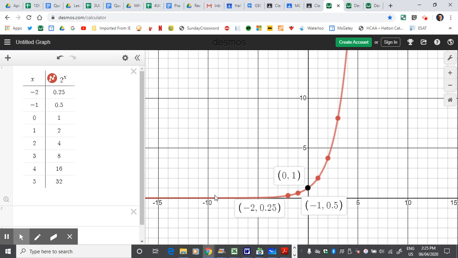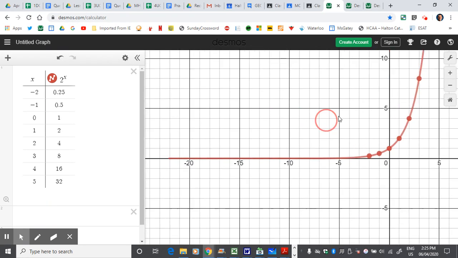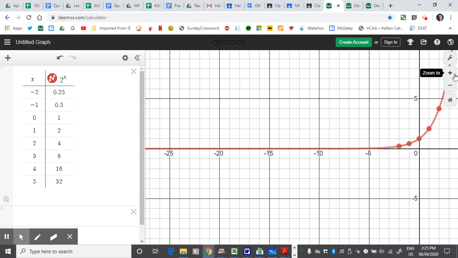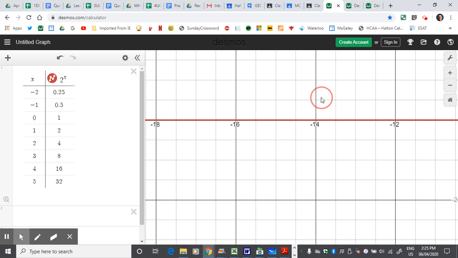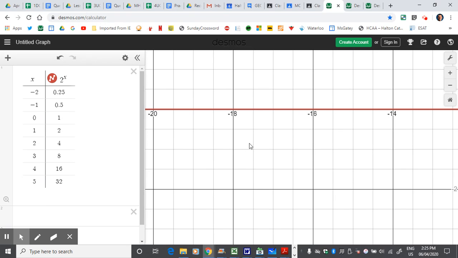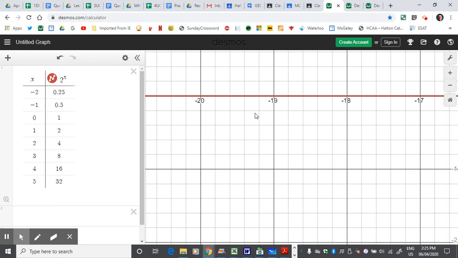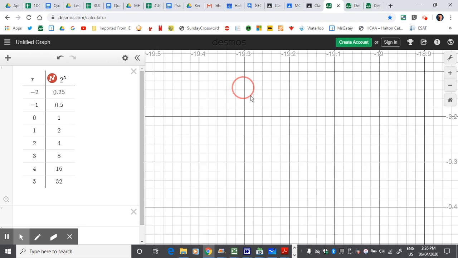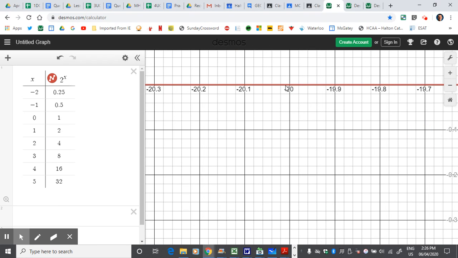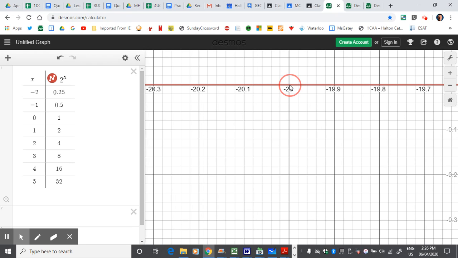As a reminder, we can always take half of a value, and that's why we see our graph approaching the x-axis. Now I'm going to zoom in really, really carefully here, because it almost looks like, for instance, way down here at an x value of -20, that my graph for my function is on the x-axis. But if I was just to see what is the coordinate of that point, and try to zoom in and zoom in and zoom in, you might notice that I don't have a value there.